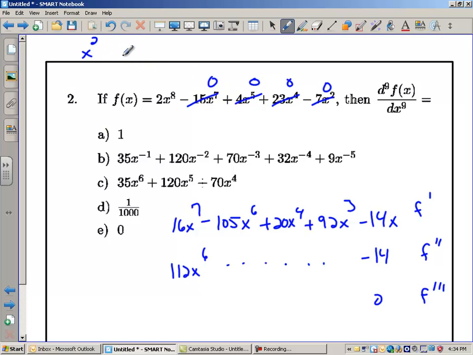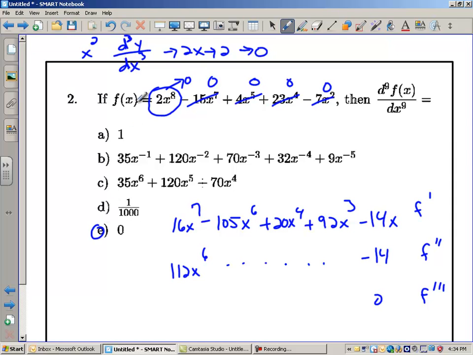If I have an x squared and I take 1, 2, 3 derivatives, the d cubed y over dx cubed would be 2x, then 2, then the derivative of 2 is 0. So if I take one more derivative than I have a power of x, it eventually is going to go to 0. And this term here, if I take 9 derivatives, I only have 8 x's to use, so that's also going to go to 0.